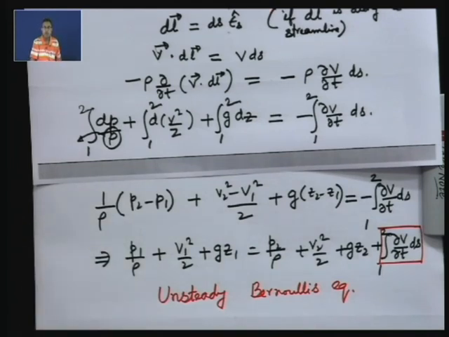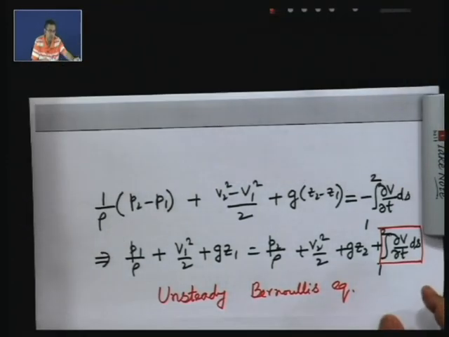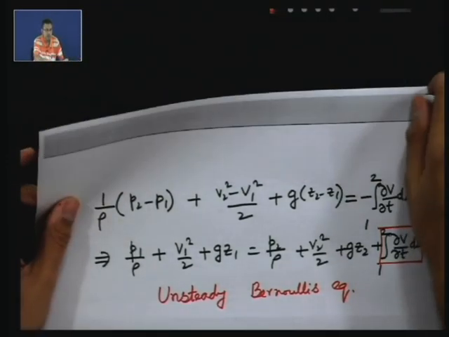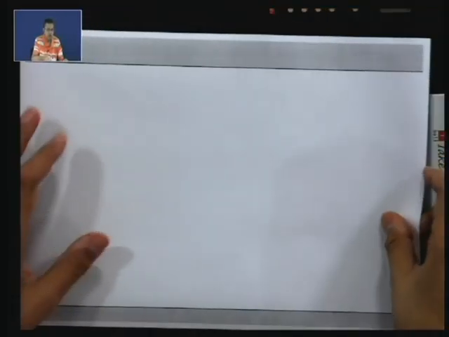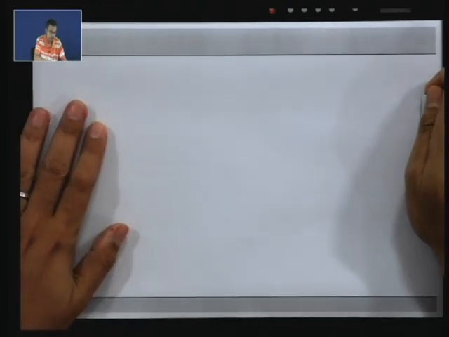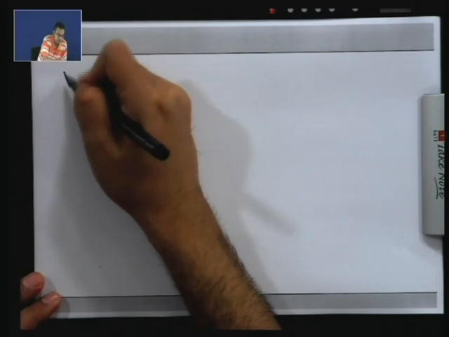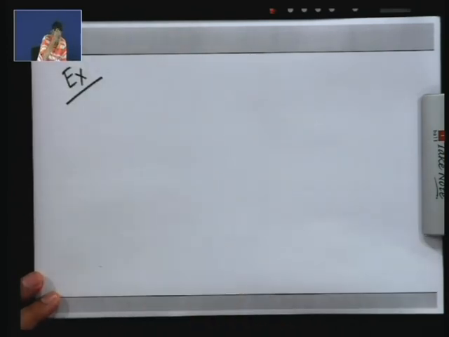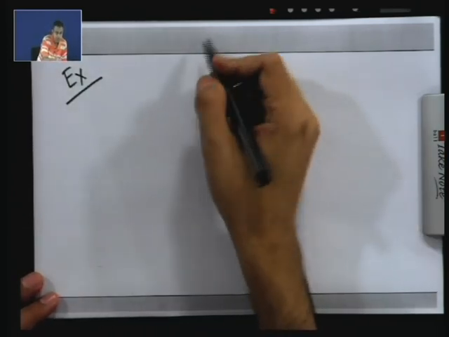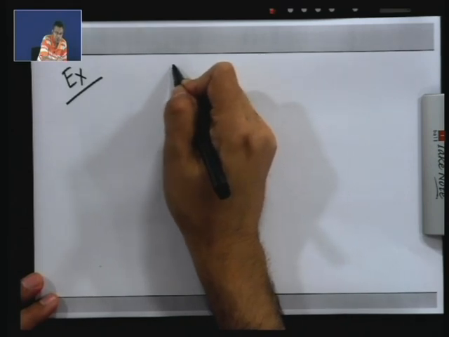Before going into some other forms of the Bernoulli's equation, let us quickly work out a problem to illustrate some of the concepts that we have learnt so far today. Example, we will go to our example that we considered yesterday for one of the problems in kinematics.